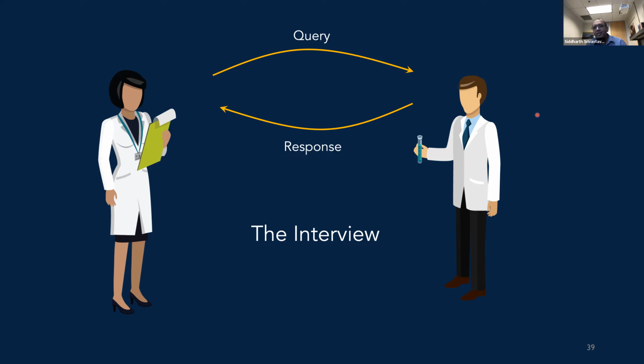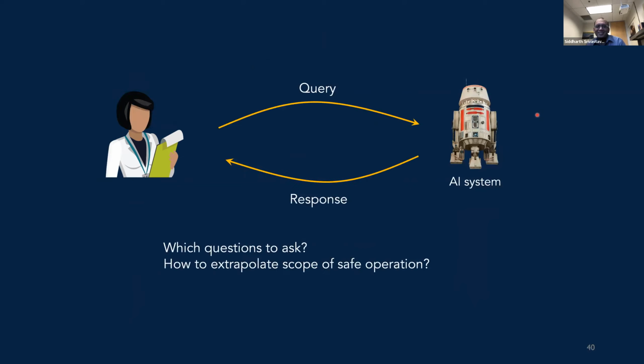And we do this implicit extrapolation based on their responses. But when you replace the person or this job candidate with an AI system, things become very difficult. Because now, especially if the user is not an AI expert, it's not clear which questions they should ask. And it's also not clear how they should extrapolate from the AI system's responses to what it can do in other general situations.